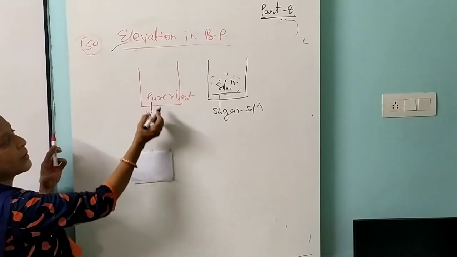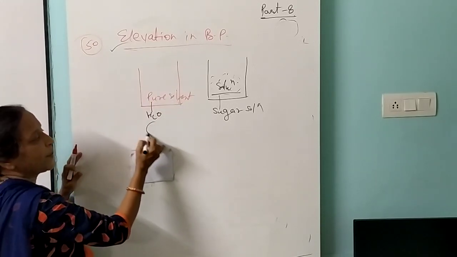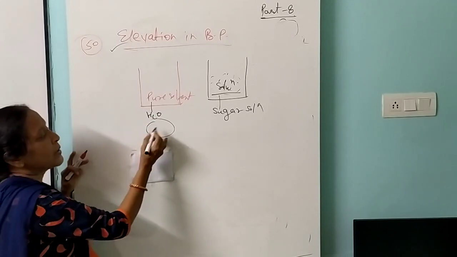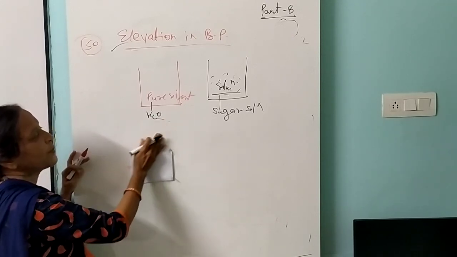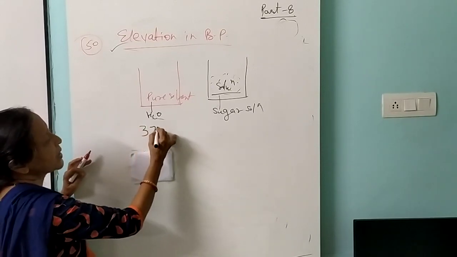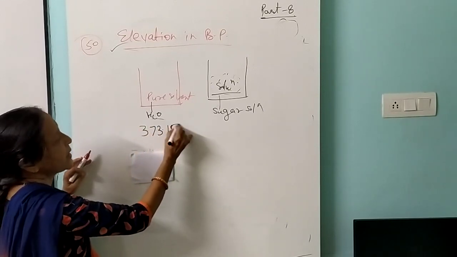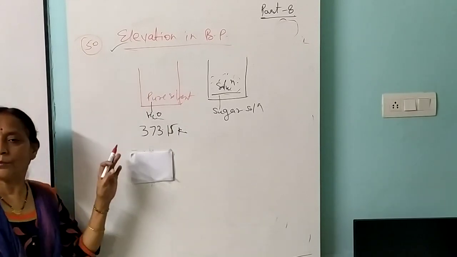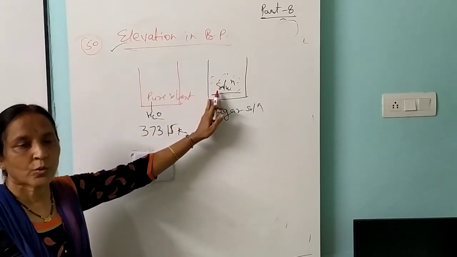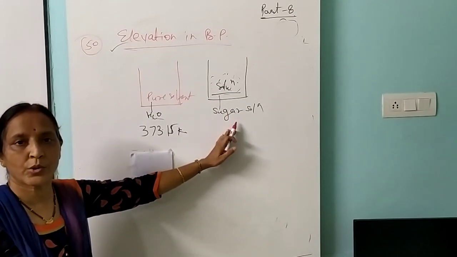Now I am calculating the boiling point. If the pure solvent is water, we got 373.15 Kelvin. Now I add a little quantity of sugar, making the solution.